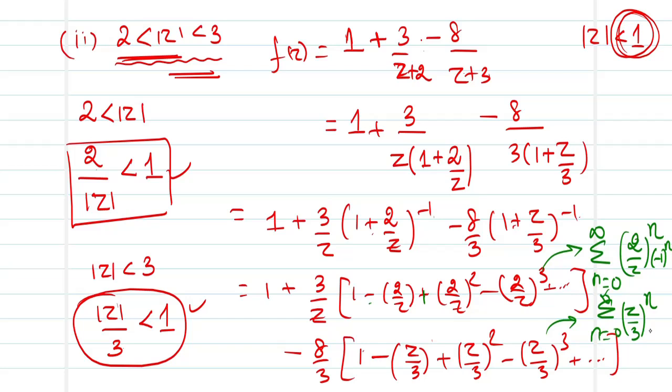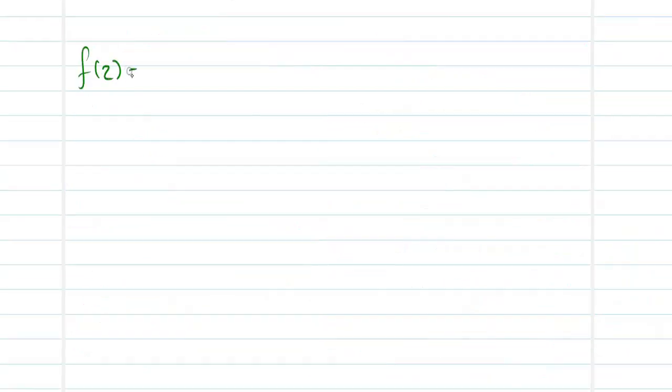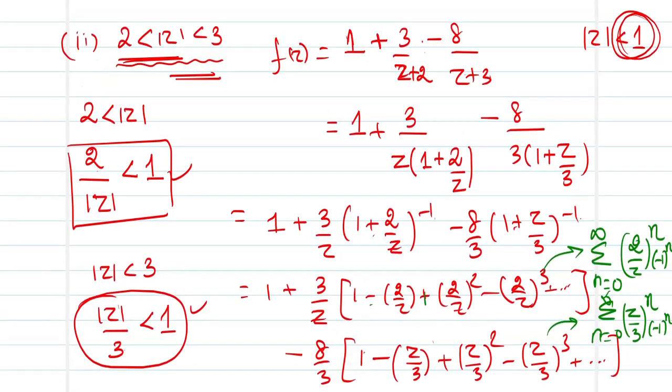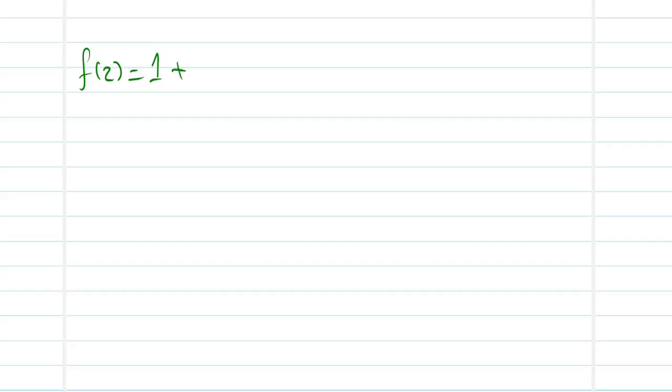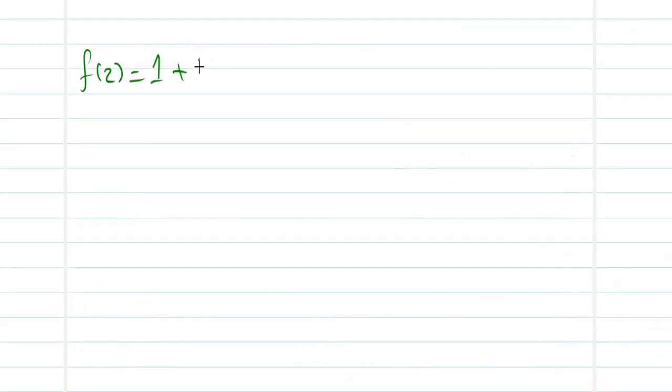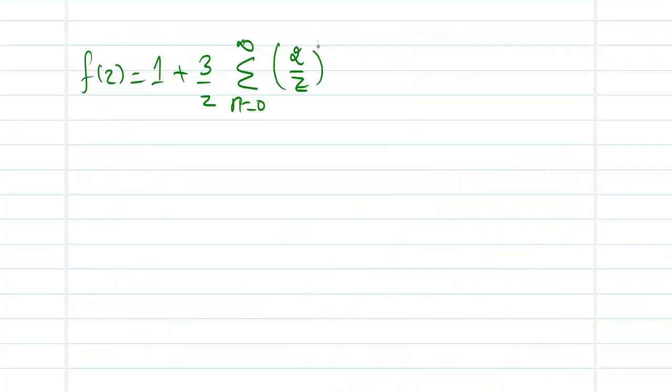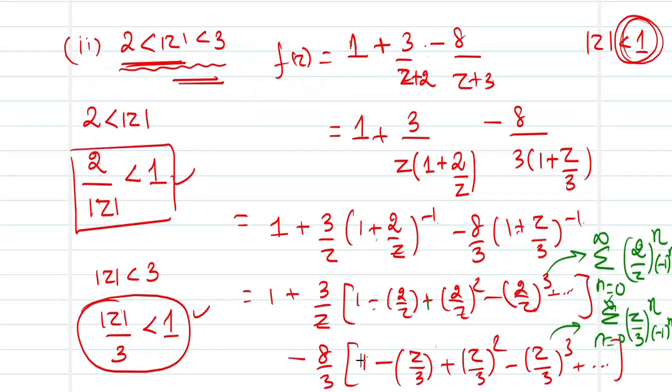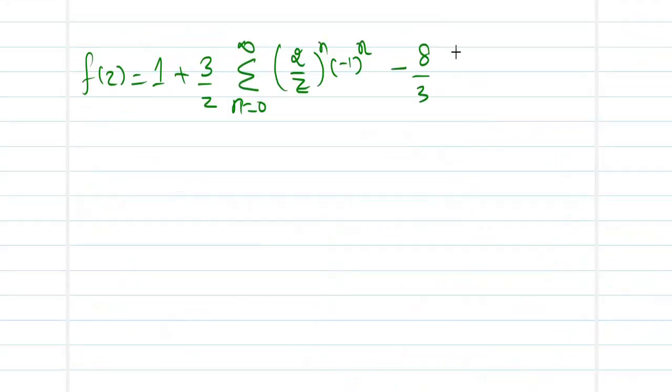Again a positive and negative term, so multiply it with minus 1 power n. Therefore the function f of z is expressed as 1 plus 3 by z times summation n varying from 0 to infinity (2 divided by z)^n into minus 1 power n minus 8 divided by 3 summation n varying from 0 to infinity.